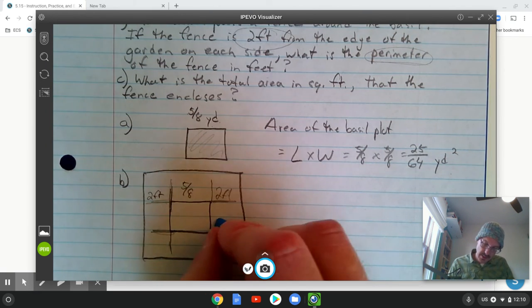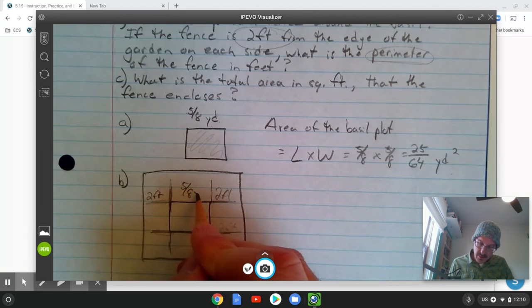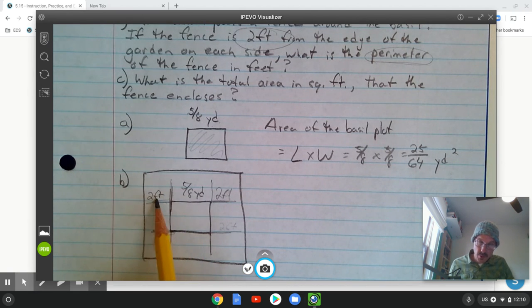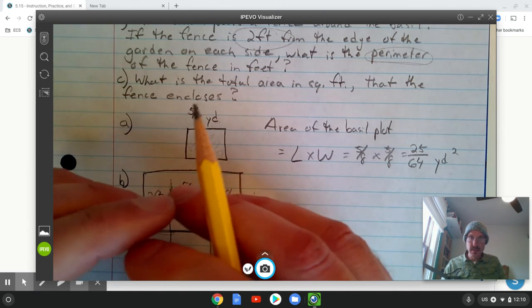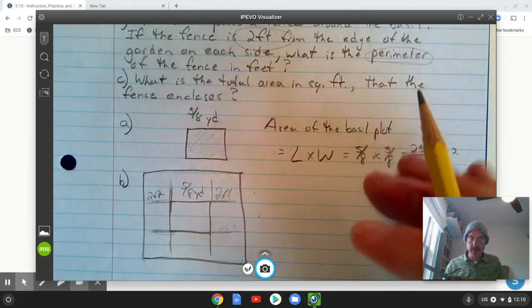Well, the side is 2 feet plus 5/8 of a yard plus 2 feet. Okay. So each side is going to be that. It's a square. So this side is also going to be 2 feet plus 5/8 of a yard plus 2 feet. So just kind of, she put a fence that makes it bigger.